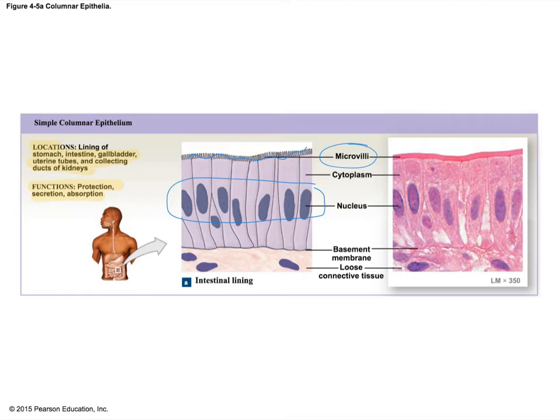I take that back. Not cilia. That's a different one. So the microvilli help with absorption of materials. We'll talk about that more later, but it helps to increase the surface area so you can absorb more efficiently. You also notice the basement membrane, and then you have the apical surface on the top.